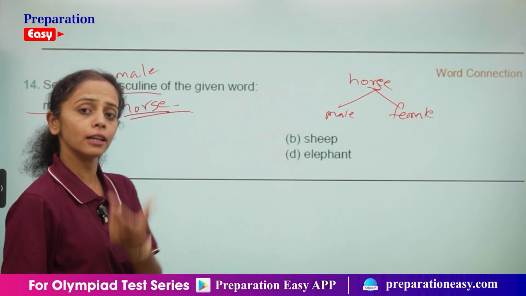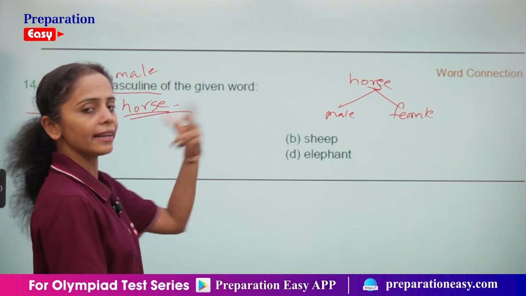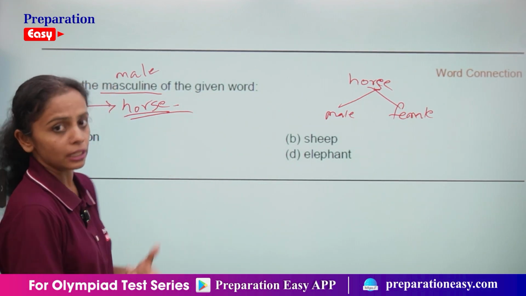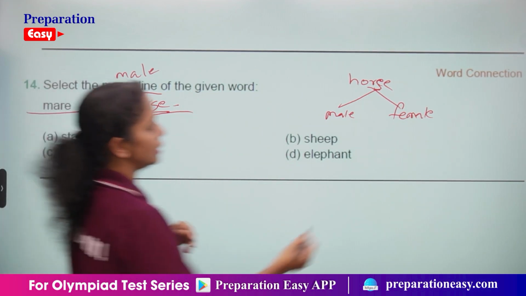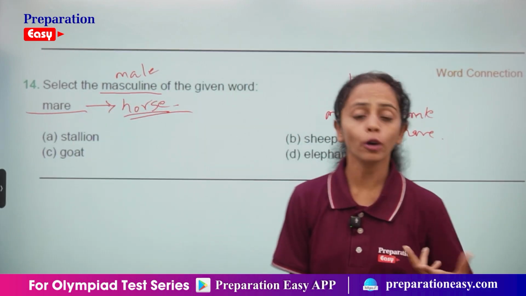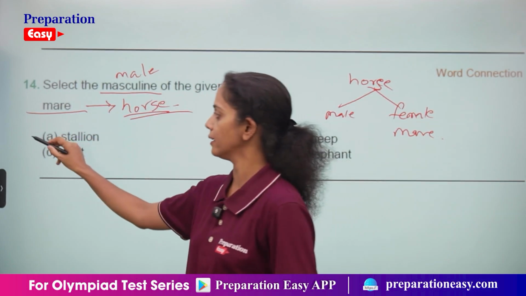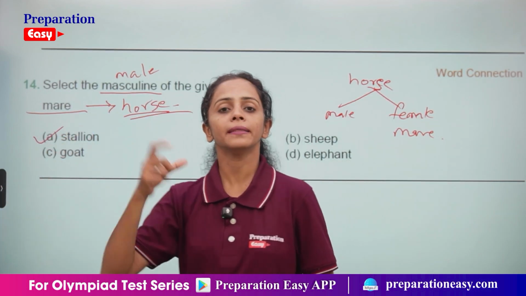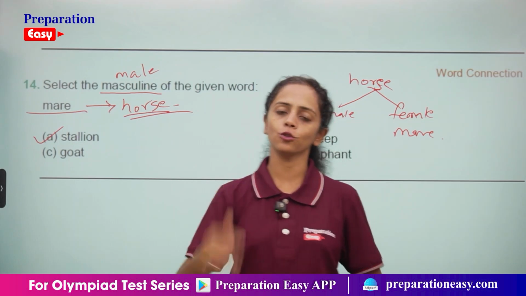The horse is a common gender, and in that there are two different genders known as male and female. So over here, we have got mare as the female gender of horse. So what is the male gender? The male gender is stallion. The male one of horse is known as stallion.